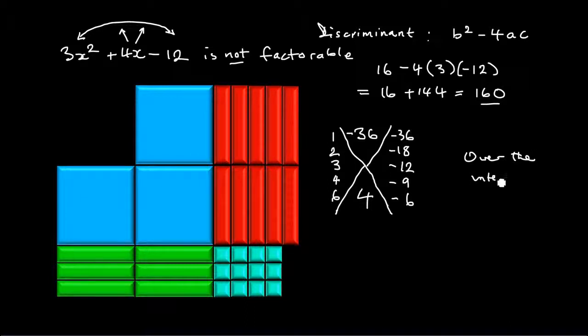We only want integer values if we're going to say that this is factorable. And in that case, we can say from this diagram that 3x squared plus 4x minus 12 is not factorable without actually resorting to this perhaps more mathematical, provable method of using the discriminant.